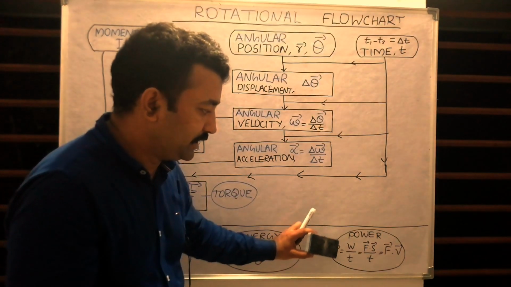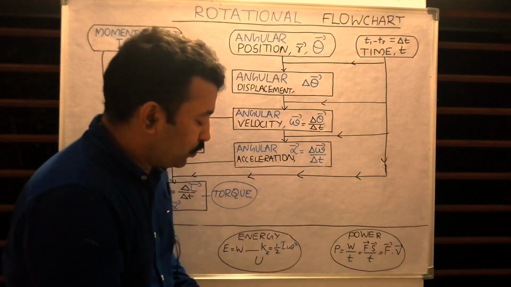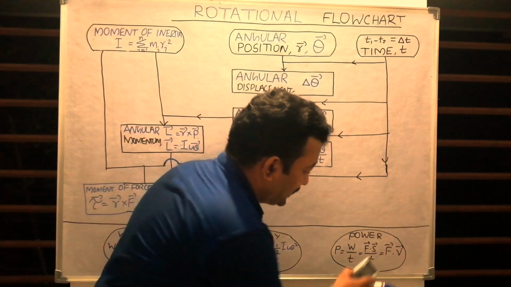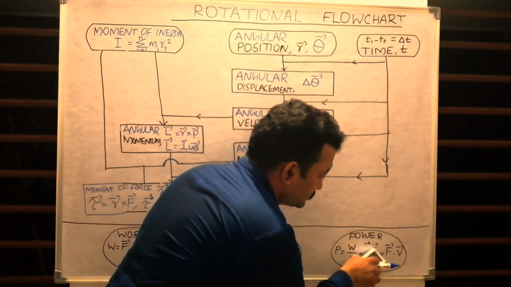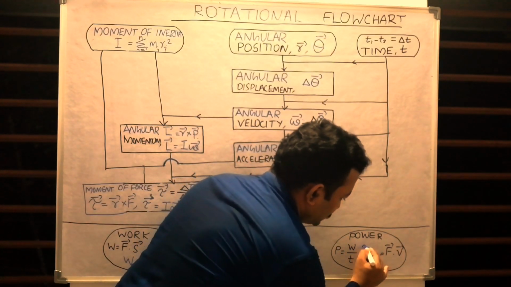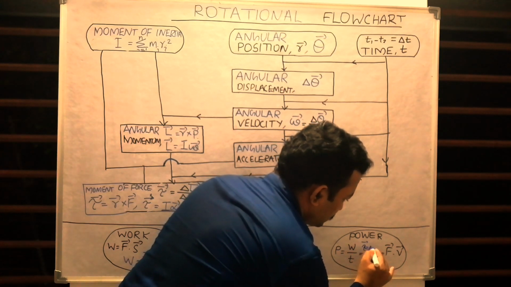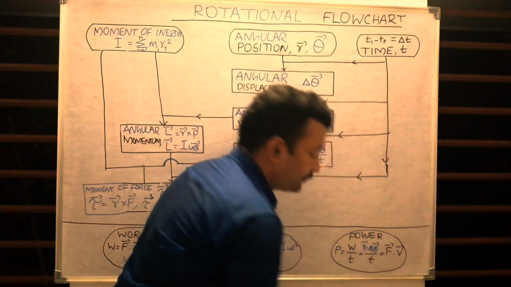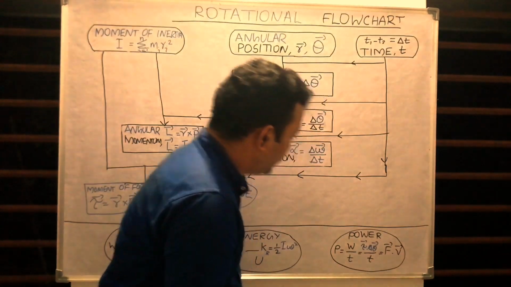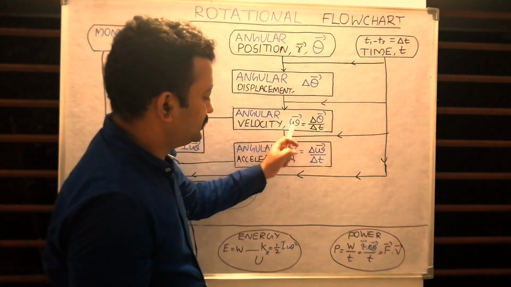What about the power? Power is still defined as work done per unit time. Work done here is tau into delta theta. So F into S can be written as tau dot delta theta. What about delta theta divided by delta t? Delta theta divided by delta t is omega.